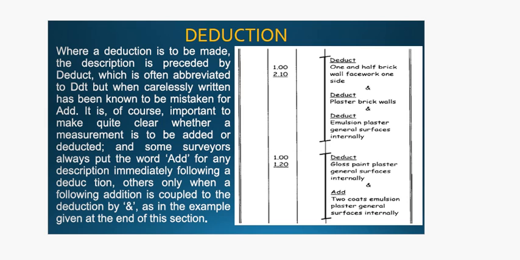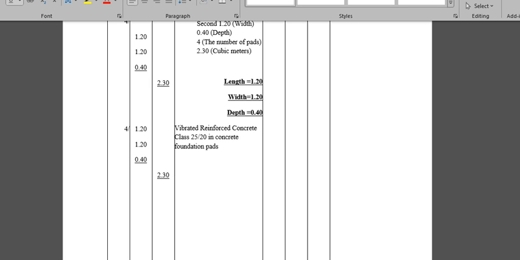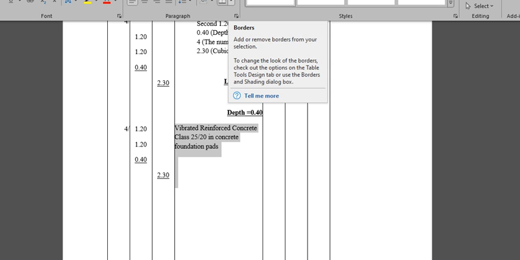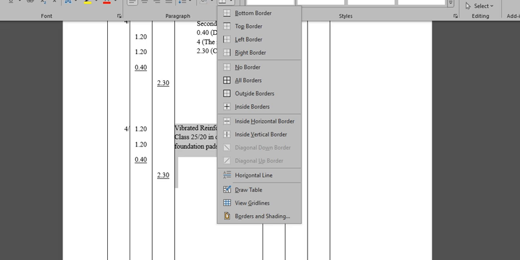This is how the bracketing works. Once you've done your description and the quantities, you do the bracketing. So let's make ours so that the point is well taken in. In this case, being a Word format, let's see what we can use. Let's use a border.